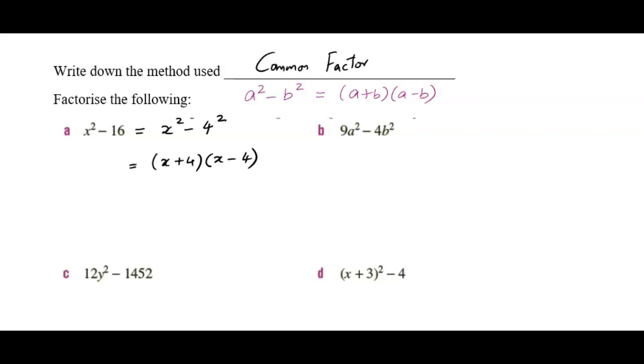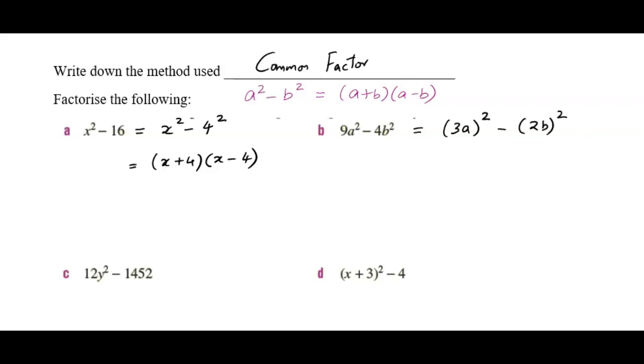Right, second example, 9a squared minus 4b squared. Again, we don't have any common factors, but I can see that 9 is a perfect square and 4 is a perfect square. I can rewrite this expression as 3a to the power of 2, which is 9a squared, take away 2b to the power of 2, which results in 4b squared.